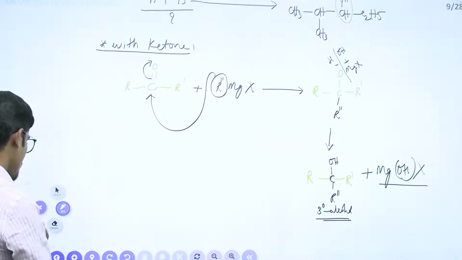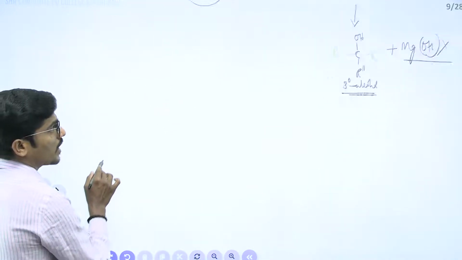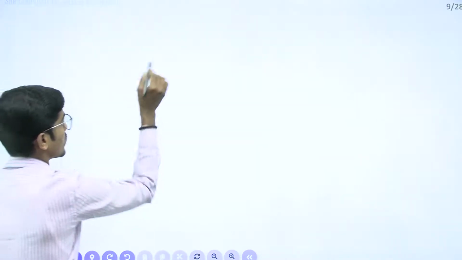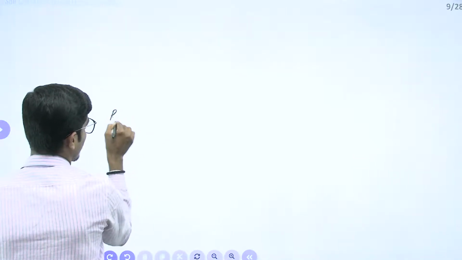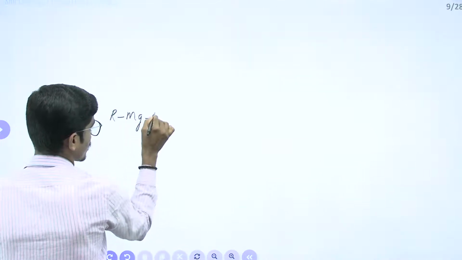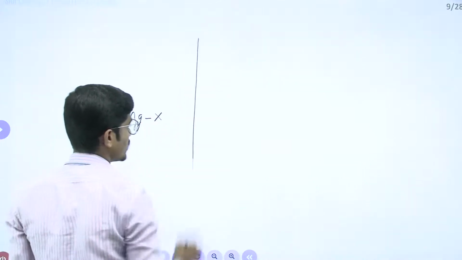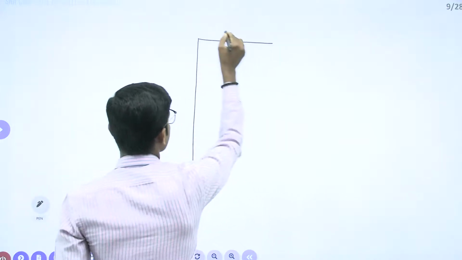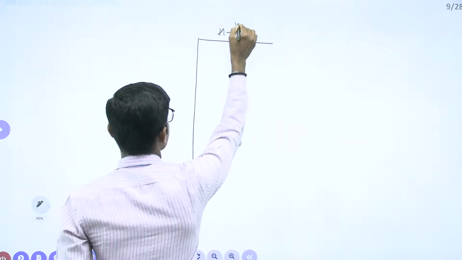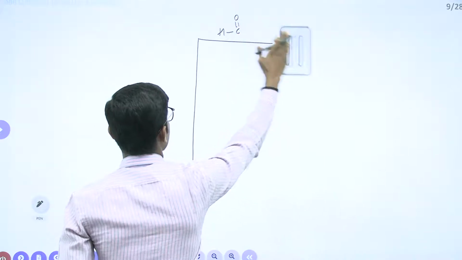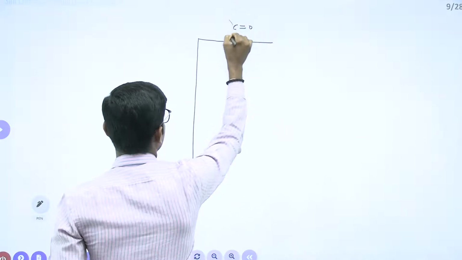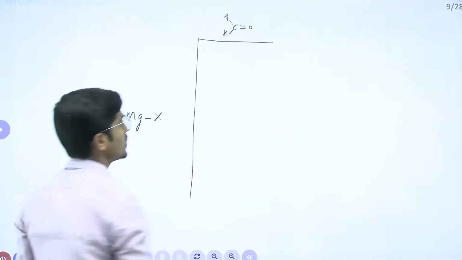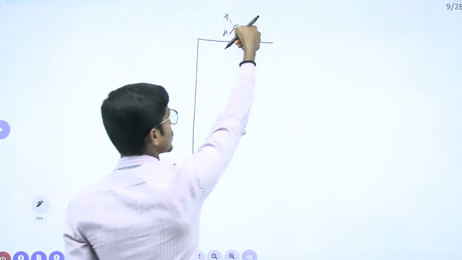So when a Grignard reagent, RMgX, is treated with formaldehyde, HCOH, the R group will attack this carbonyl carbon.